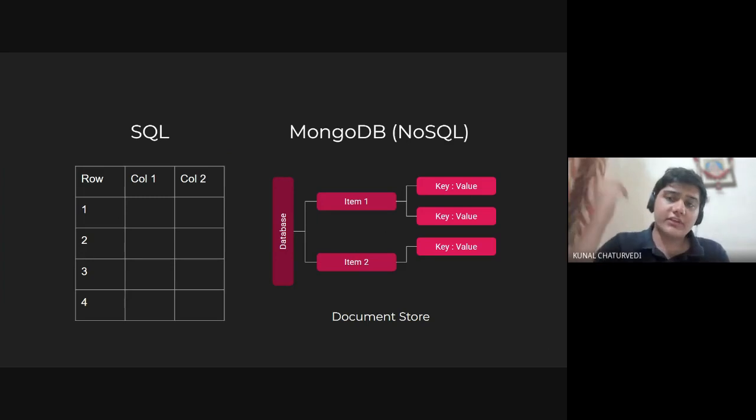While NoSQL gives you this flexibility: if you don't need this particular property for this particular item, then you might as well not declare it, and it doesn't hamper the structure. It is legal, and when I say legal, it doesn't give you errors basically. So the structure itself is a valid structure of a MongoDB database.